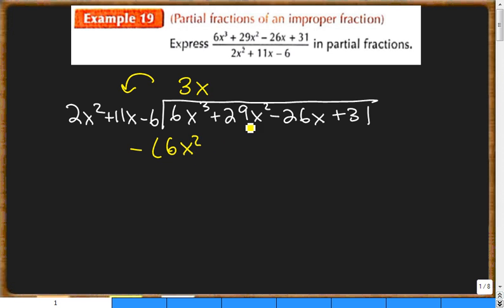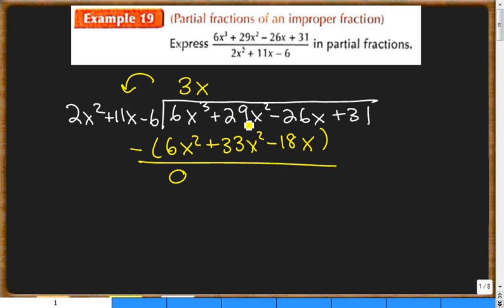So 3x times 11x will make positive 33x squared. And then we will have minus 18x. So make sure you're doing the subtraction right. So we should have 0 here. Then we have 29 minus a positive 33 will make negative 4x squared. Then we have negative 26 minus a negative 18. So that's like adding 18 to this. This will give us negative 8x. And then we bring down our positive 31.